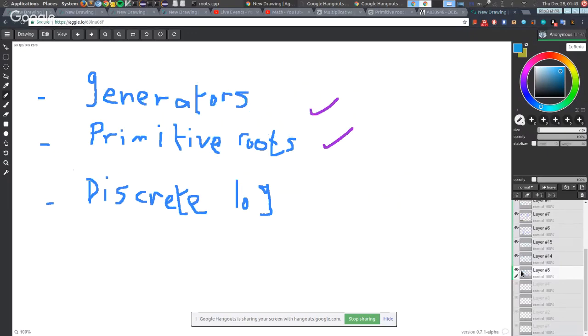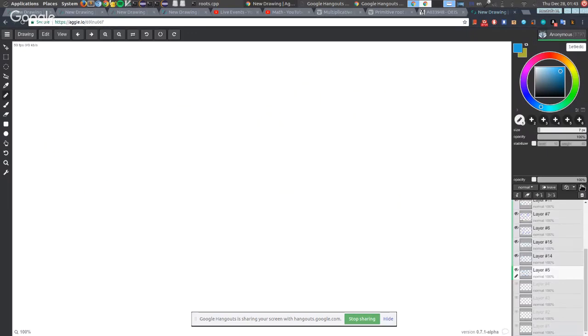So we finish those two now, and we get to the last point, which is the discrete logarithm. Given that we have some number a and a primitive root g, which is a generator of the multiplicative group, we'd like to find the k such that g to the power of k equals a.